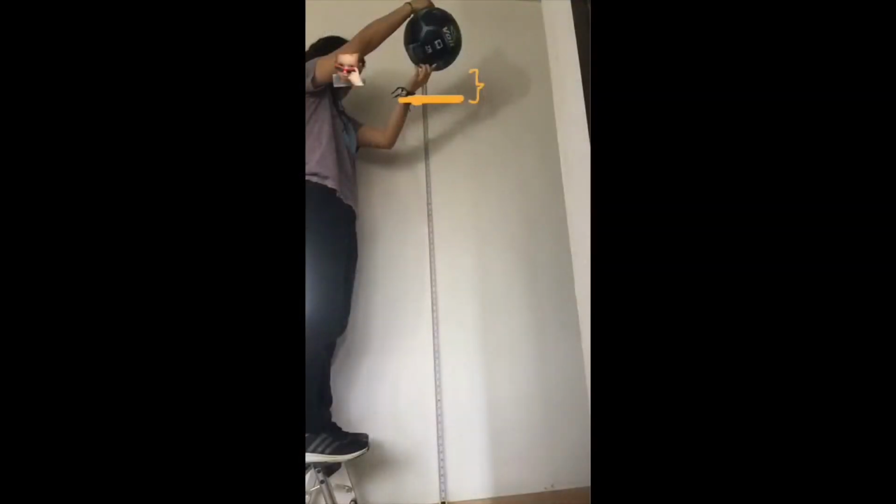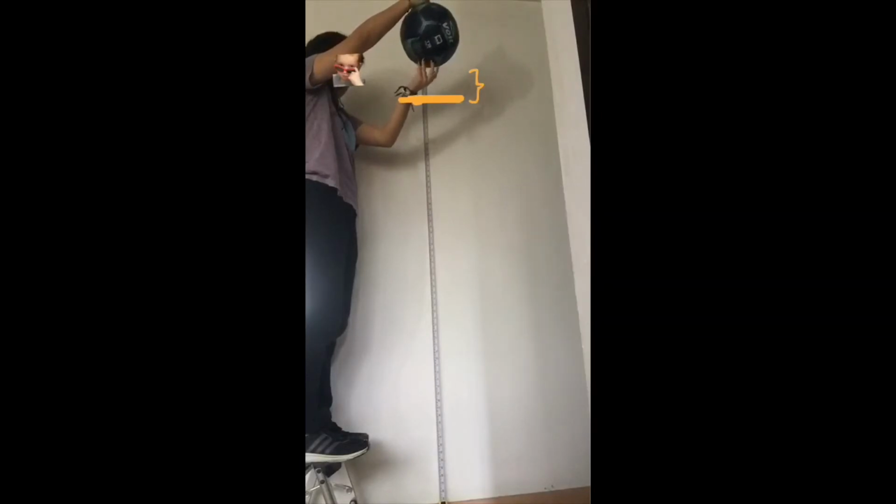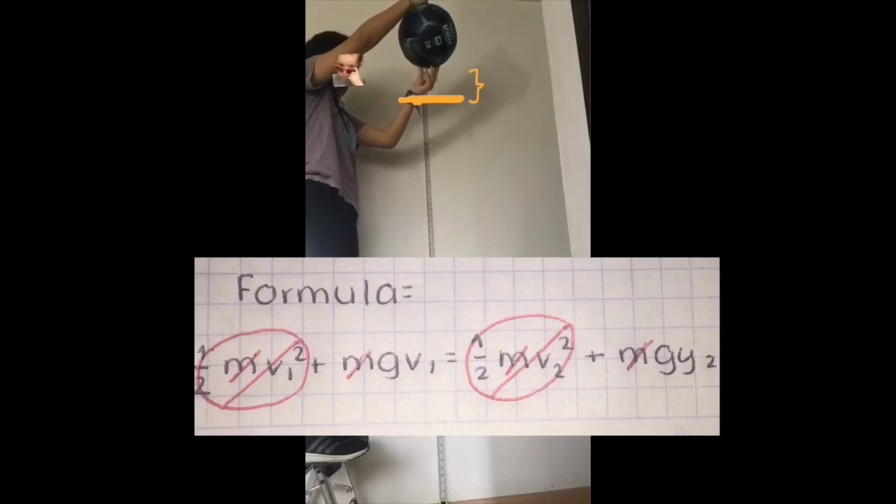Those references are 1 meter and 80 centimeters before hitting the ground and 1 meter and 70 centimeters after hitting the ground. As we said before, this is easier because in those positions the velocity of the balls is zero, and because the balls aren't falling yet, there is no kinetic energy, there is only potential energy.